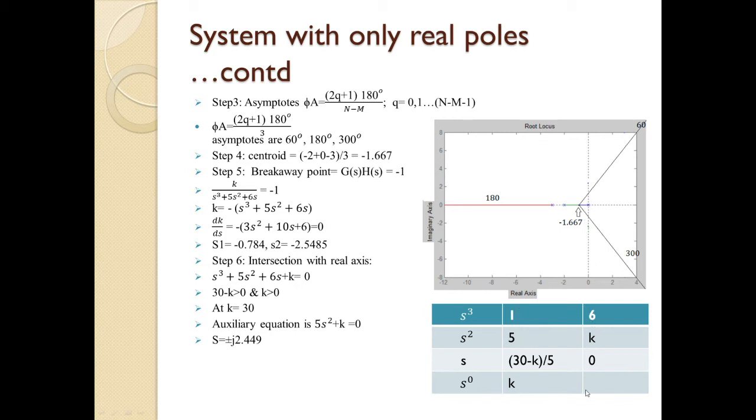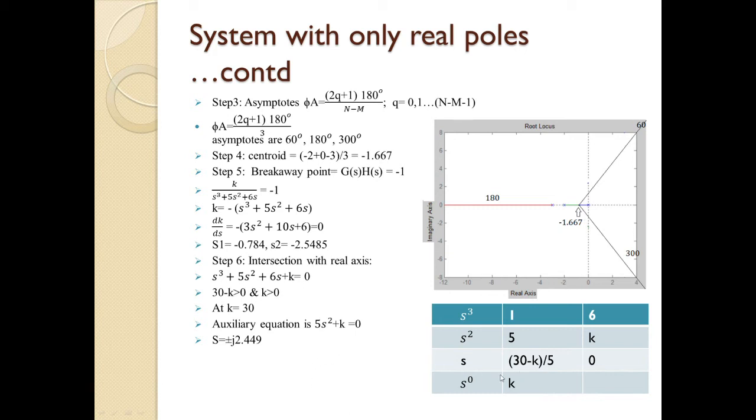Like this, as we have learned in the previous video, we can find the Routh table. After getting the Routh table, the criterion is that all the first column elements should be greater than 0. So we get two conditions: one is k greater than 0 and another is (30 minus k) by 5 greater than 0.